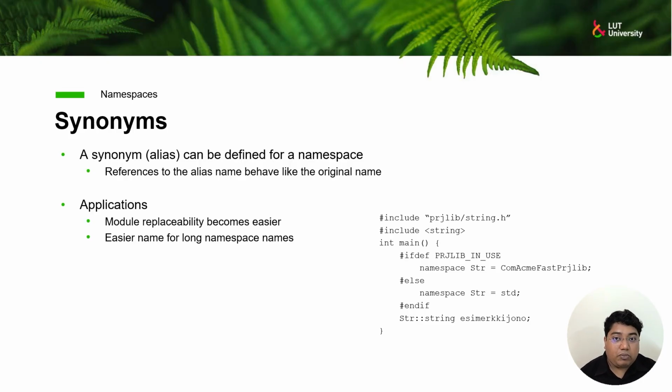That's genuinely powerful. If you ever decide to swap out that fast custom string library that you have been using, and if you just change one line right here at the top, everything in your program that uses str::string will keep working anyways.